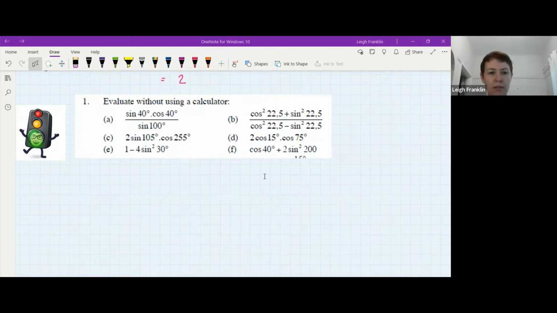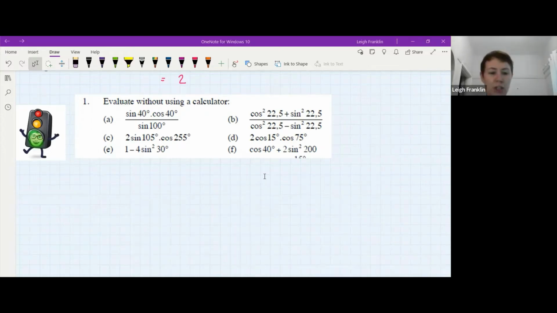All right, so Pilo says not good. Tatsuo says difficult. Njabulo, you're not 100% sure what to do next. Okay. So Njabulo, if you've got 2 sine 75 cos 75, that's the expanded double angle formula, isn't it? Sine double angle formula. So now you need to go back and write it as a double angle.